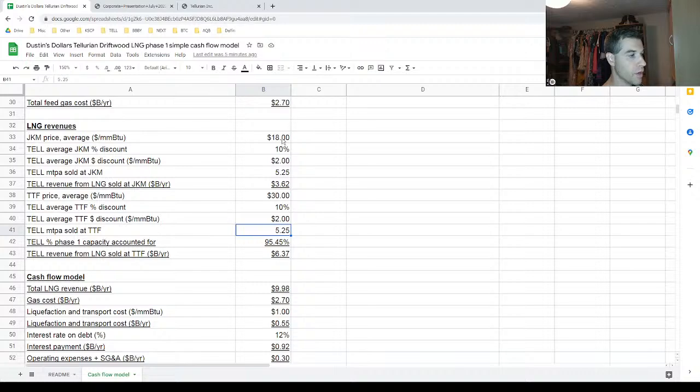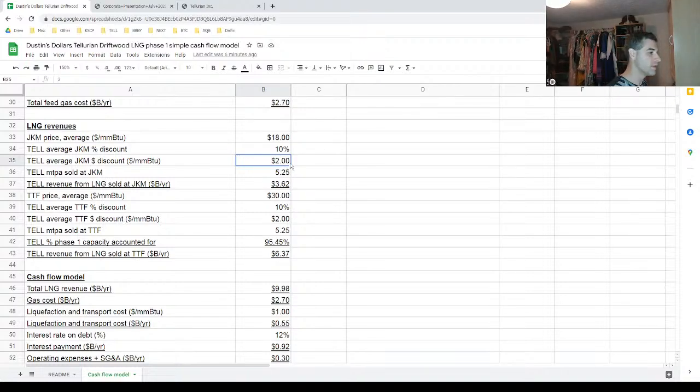Then what do you think the JKM price on average is going to be, and same for the TTF price. I put all of those in here, and for the discount numbers, we have no idea what those are. I totally guessed here. For both of them, I put it at 10%, and then also a $2 discount off of that. Again, maybe you think the numbers are different.